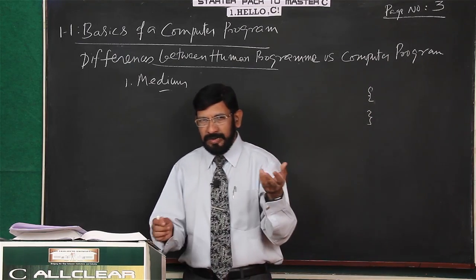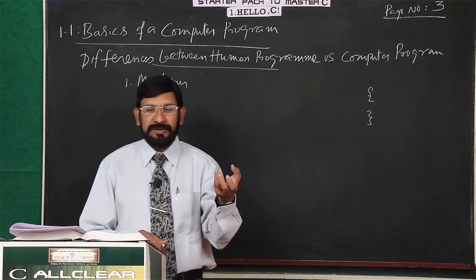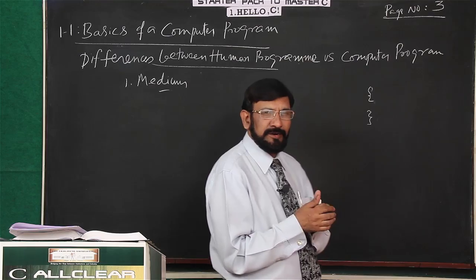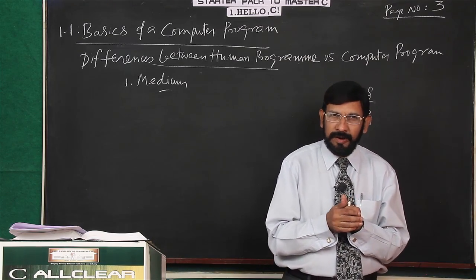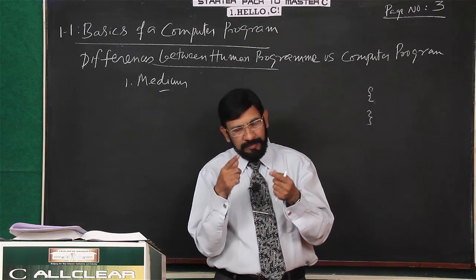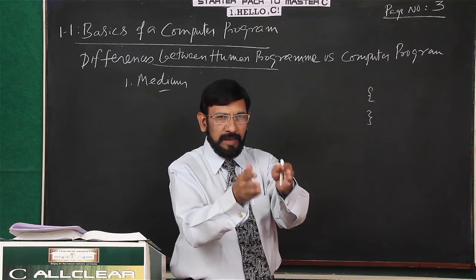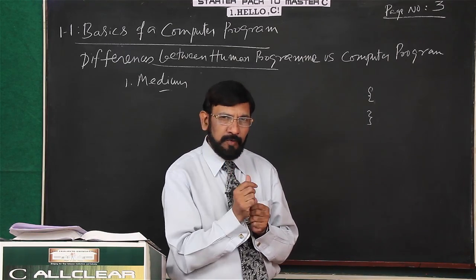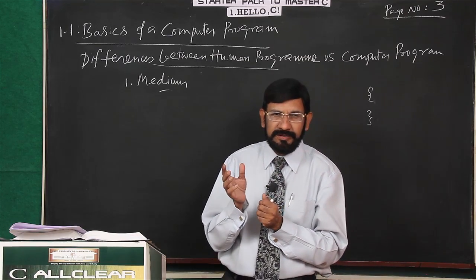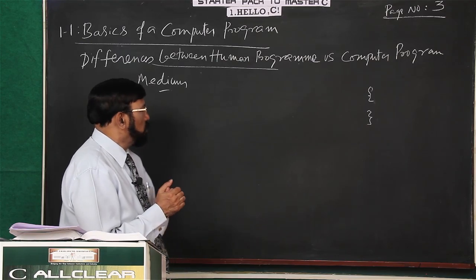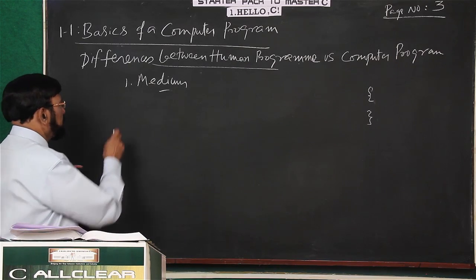Then a set of instructions is called a program. Actually, we cannot give a single instruction to the computer. Even if it is one instruction, we have to bundle it and give it to the computer in the form of a program. A bundle of instructions is called a program. A set of instructions is called a program. So that is the first one.